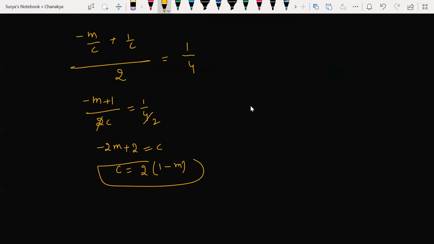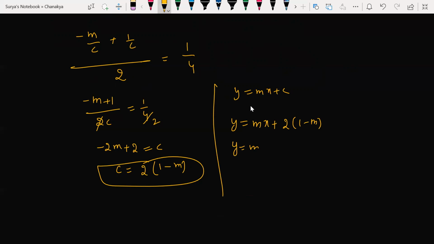Very simple to get the c value. We know y is equal to mx plus c, c is 2 times (1 minus m). So y is equal to mx plus 2 minus 2m. So y minus 2 is equal to m times (x minus 2). Y minus 2 minus m(x minus 2) is equal to 0.